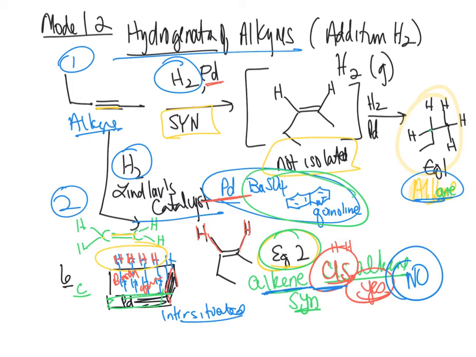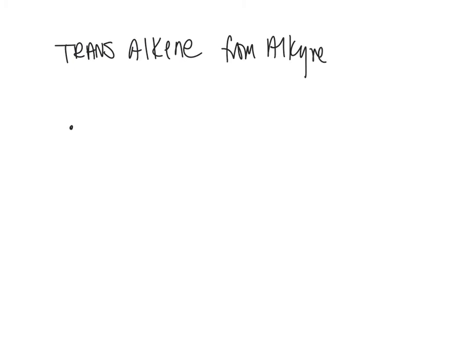And I'm going to show you another reaction in which you make a trans alkene. Okay, so this is our third reaction where you're going to make a trans alkene from an alkyne. So you need another reaction sheet. Okay, so we'll keep with our compound here.